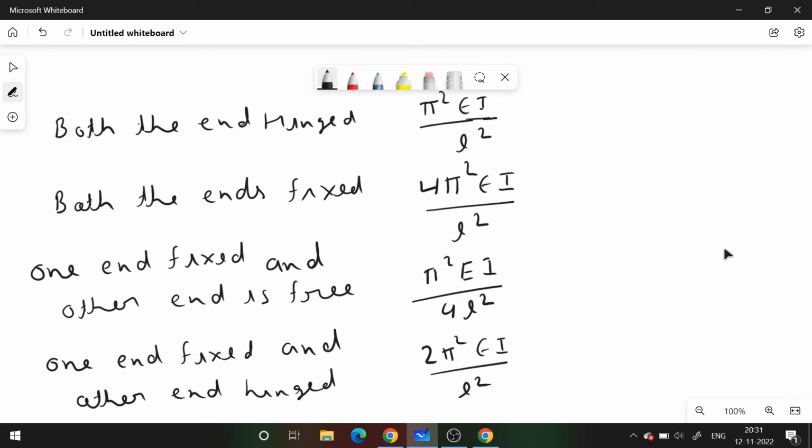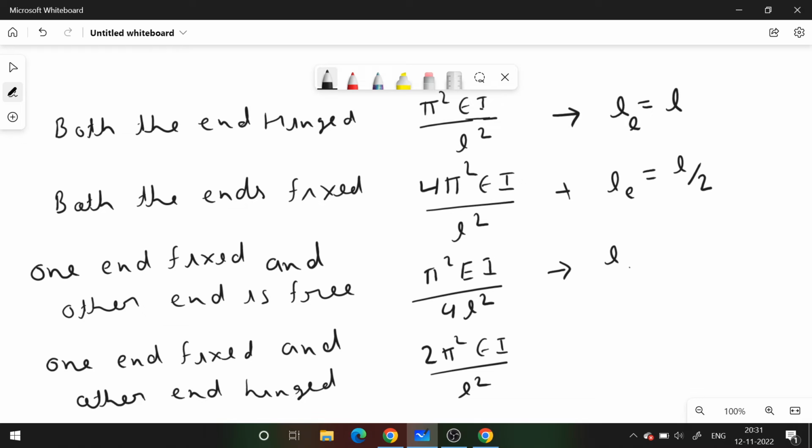Now the equivalent length for the first case, when both the ends are hinged, is equal to the actual length of the column. When both the ends are fixed, the equivalent length will be equal to half of the actual length.